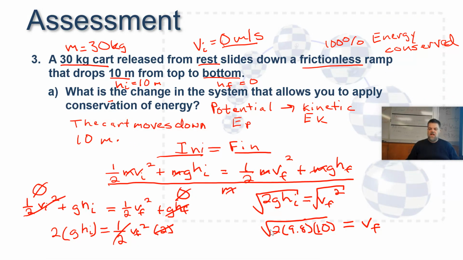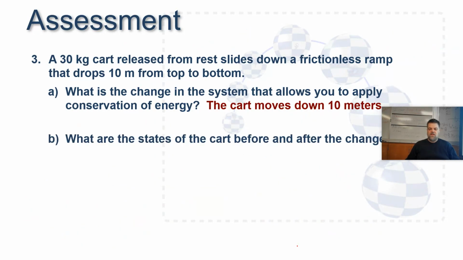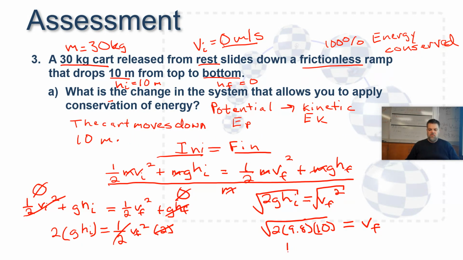So my final velocity, and I didn't say it, but you notice that we're given meters and kilograms and stuff like that. So this final answer would be 14 meters per second. So the final velocity of this cart, and when we say cart, we're referring to a roller coaster, starts at the top of the hill that's 10 meters high, rolls down to the bottom, which we arbitrarily choose.